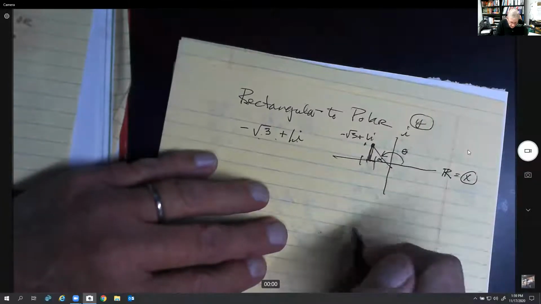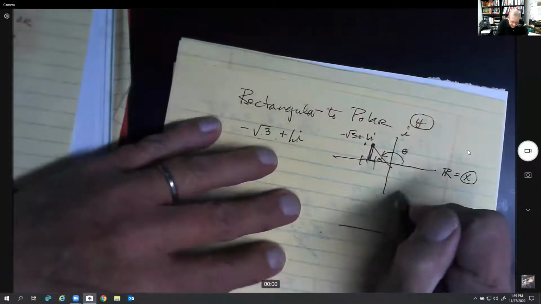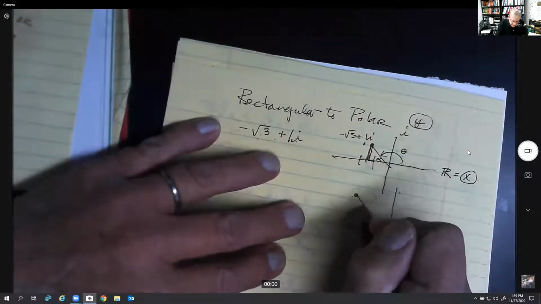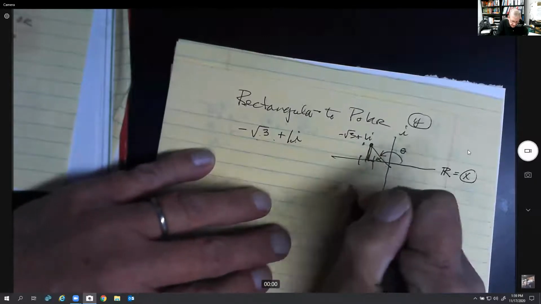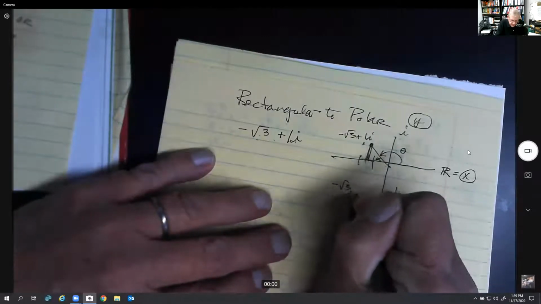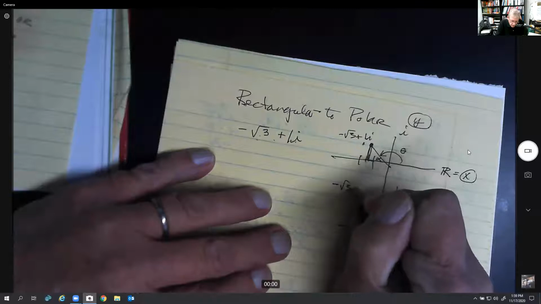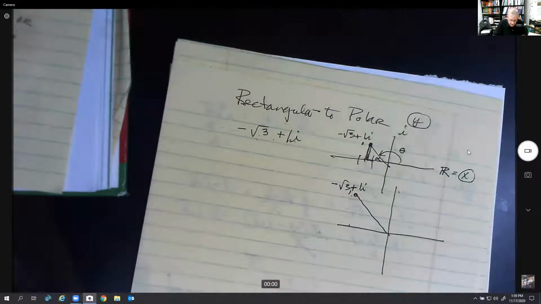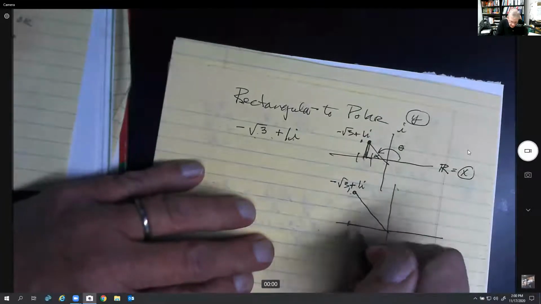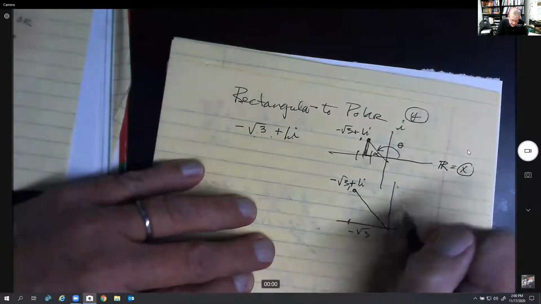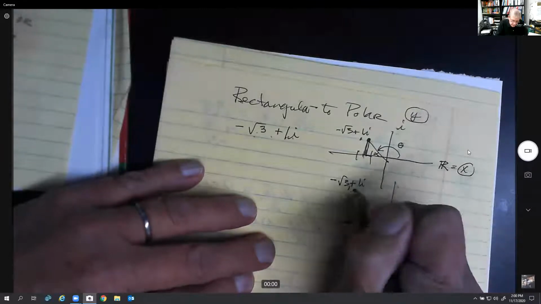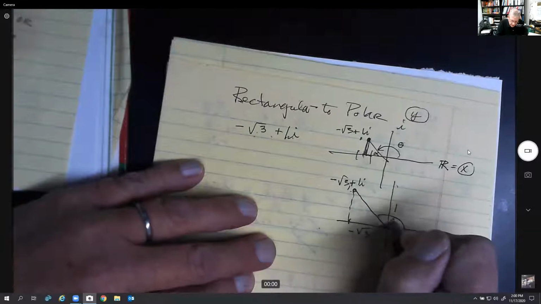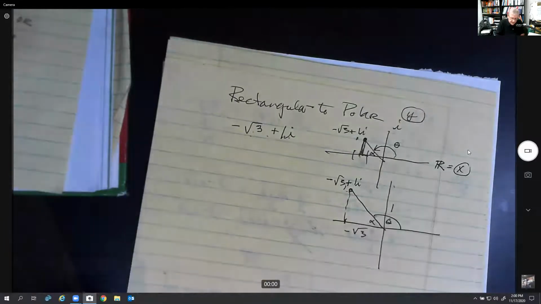So we've got this point up here, negative radical 3 plus 1i. This distance right here was negative radical 3, this distance here was 1. Projected down, this right here is theta, and this is alpha inside there.